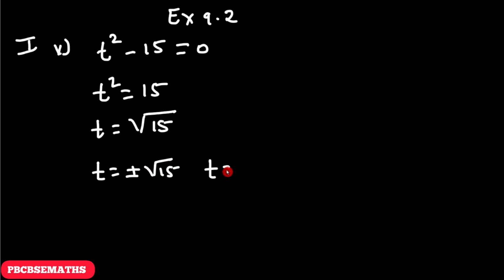That is t equals plus square root of 15, or t equals minus square root of 15. So we got the values of t, that is plus root 15 and minus root 15. So these are the two zeros of this given polynomial.